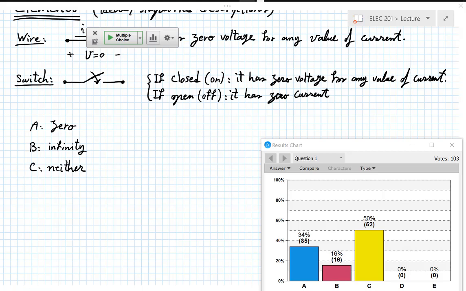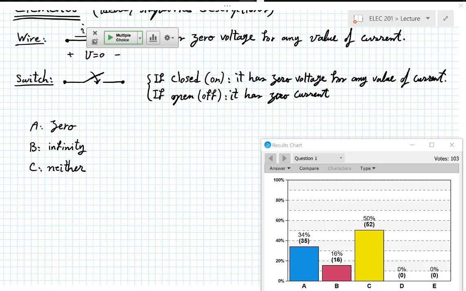So it's kind of like the statement that I had on top. If it's closed or on or connected, it has 0 voltage. It's just a piece of wire, and any current can go through it, in either direction. If it's off, it has 0 current. Obviously, nothing can go through it, and there is no voltage relationship between the two sides.